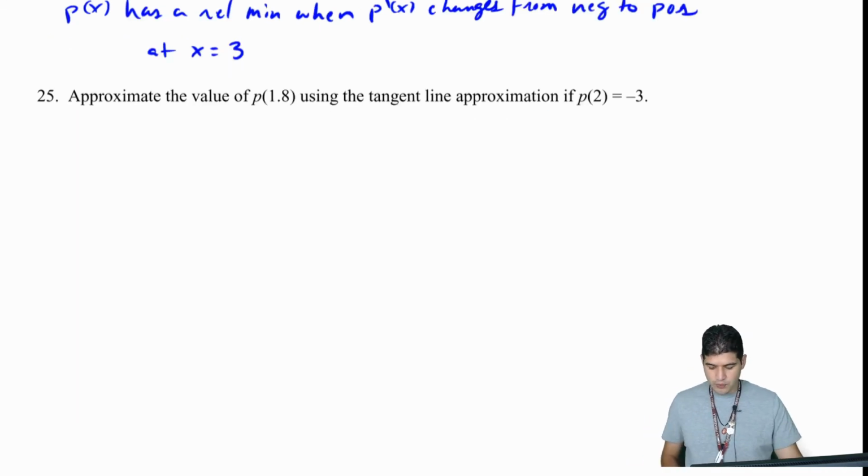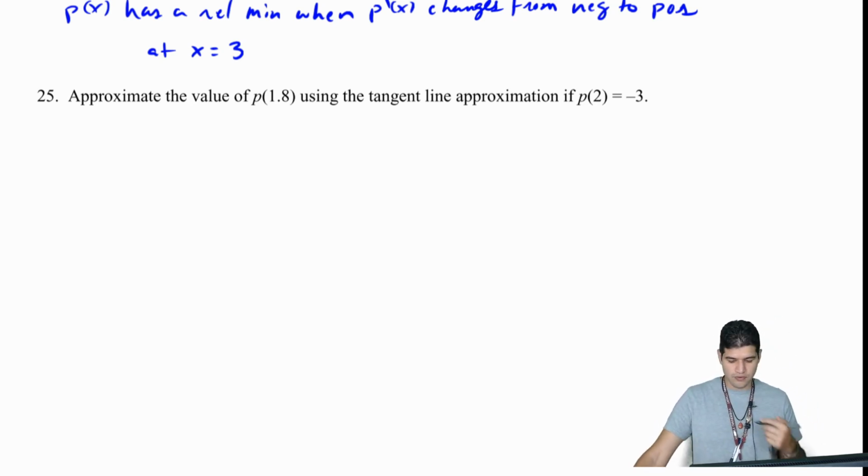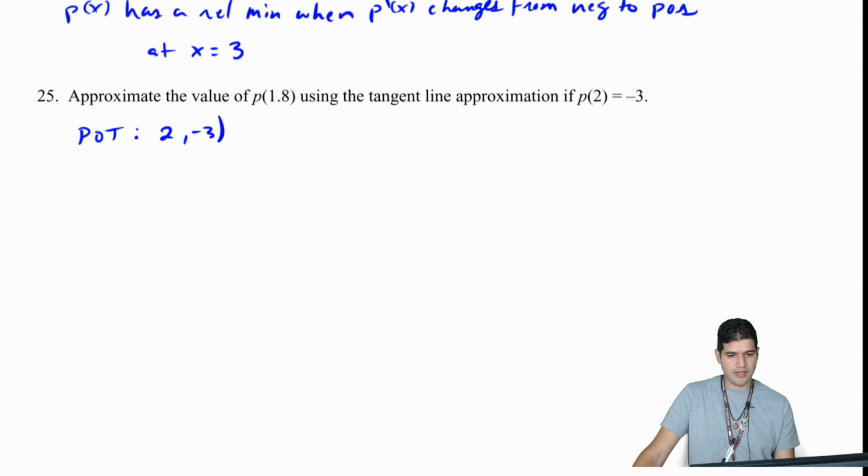Finally, we want to approximate the value of p of 1.8 using the tangent line approximation, given p of 2 equals -3. Let's start with getting our tangent line. Our point of tangency is going to be (2, -3).